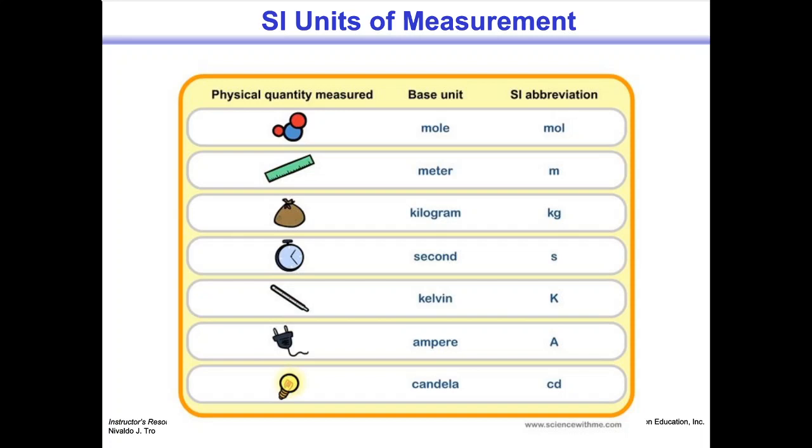For time, we'll use seconds, abbreviated small s. Temperature will be in Kelvin, just the unit K, not degrees K, just K. For current, we'll use amps or amperes, A. And for intensity of light, we'll use candela, abbreviated cd. You probably won't see these last two too much in this chapter or in this class, but these top ones you're going to see a lot.